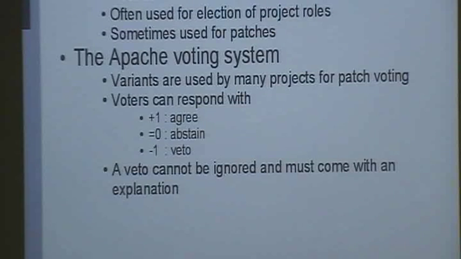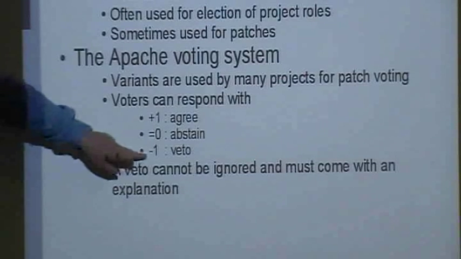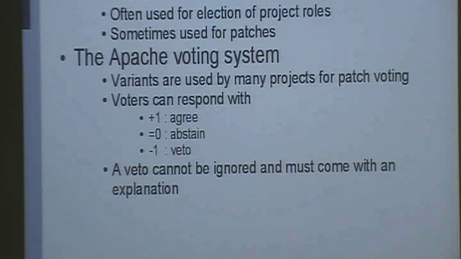They might say =0, meaning abstain. They're saying, I don't have an opinion, in which case they might as well not send the mail, really. Or they could say -1, saying, I disagree. In some projects, -1 is considered a veto. So if anyone says -1, the proposal doesn't go ahead. When you do a -1, you are required to explain why.